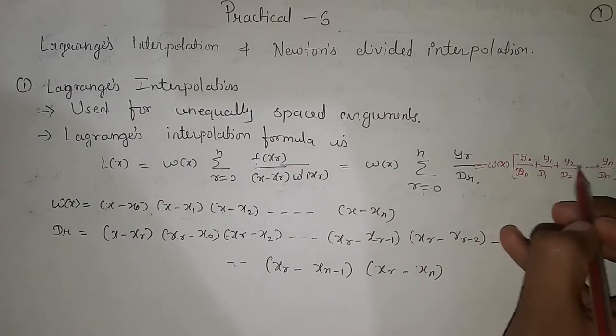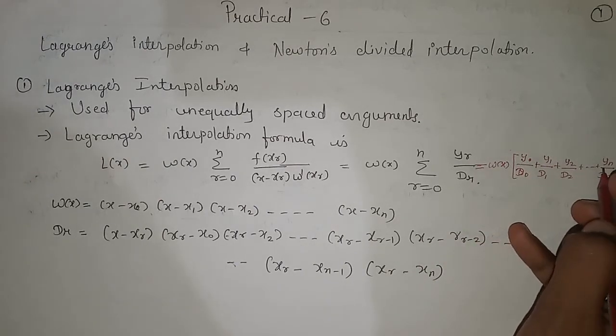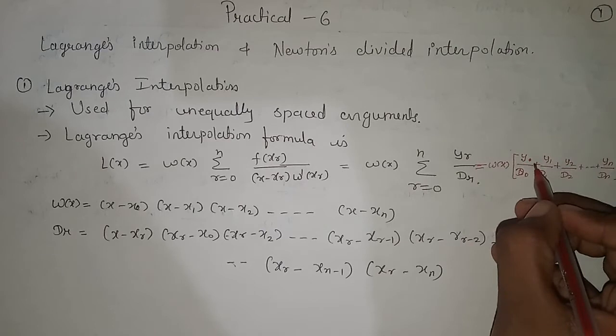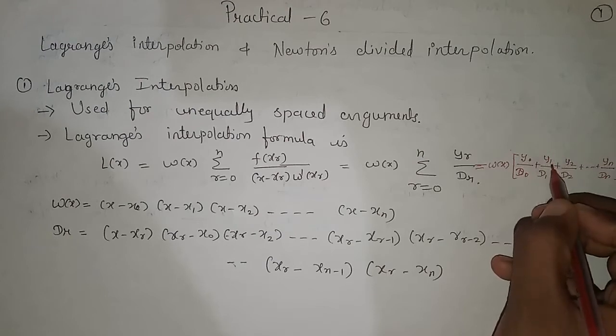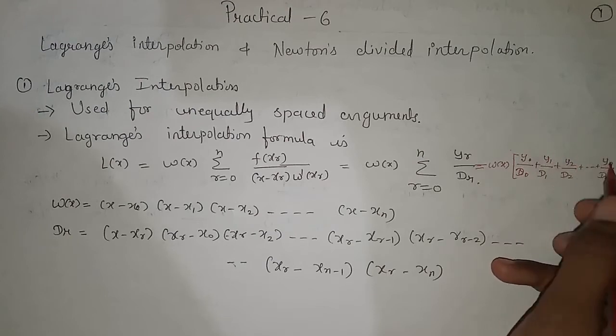Now y0, y1, y2, yn are nothing but the entries for particular arguments. If we have x0 as argument, then its entry is y0; for x1 it is y1, for x2 y2, for xn yn.